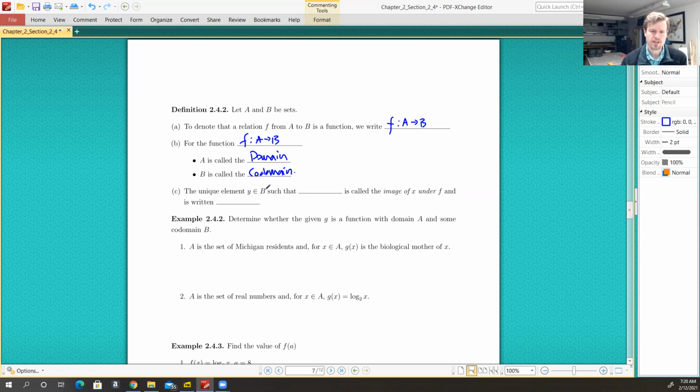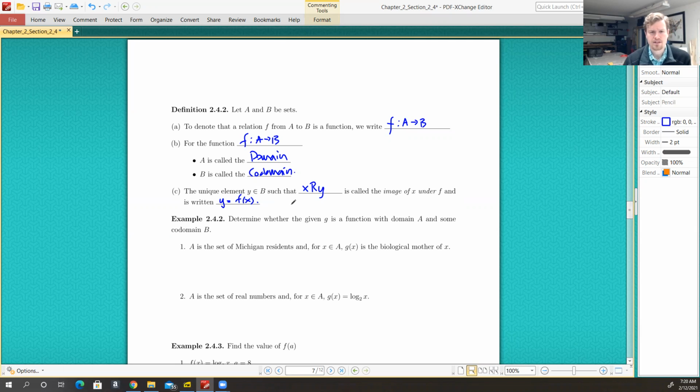All right, the unique element y in the codomain such that x is related to y is called the image of x under f. Okay, so y is the image of x and is written in the familiar notation of y equals f of x. So y can be represented again by f of x rather than writing y.